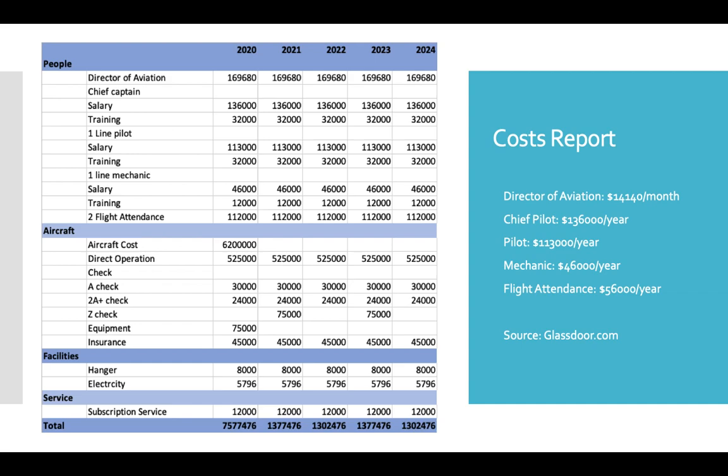According to online resources, here are the salaries for the different positions in the flight department. The company also needs to pay for different types of maintenance and checks. They also need to pay for the insurance of the aircraft, and for the facilities and other services.